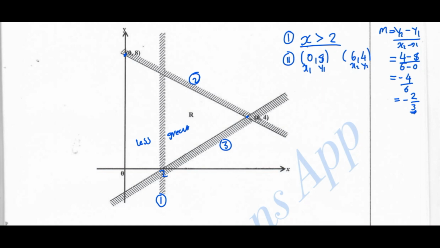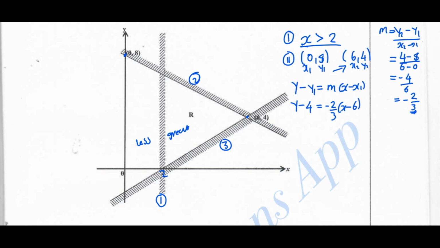Now the formula is y minus y1 is equal to gradient open brackets x minus x1. Which pair can we get? We'll get this pair, and you will see the reason why. If we get this pair, our y1 is 4, the gradient we know is -2 over 3, and x1 is 6.